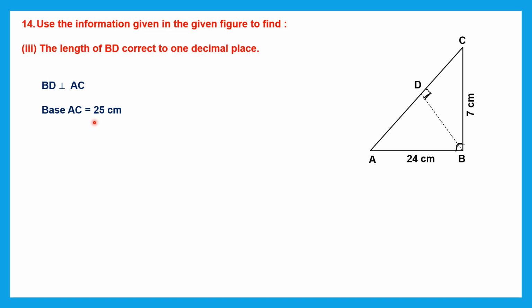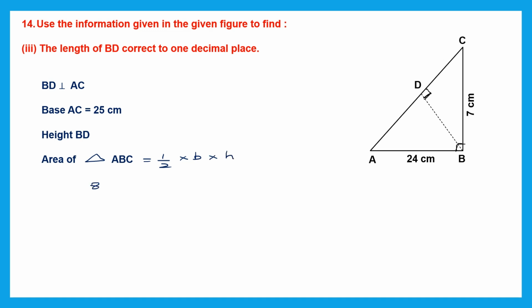So we have the base. AC this time is going to be the base, which we found out to be 25 centimeters. And the height, we are going to take BD this time as the height, which we are going to find. So the height is BD. So the area of triangle ABC is half into base into height. And we already know the area.